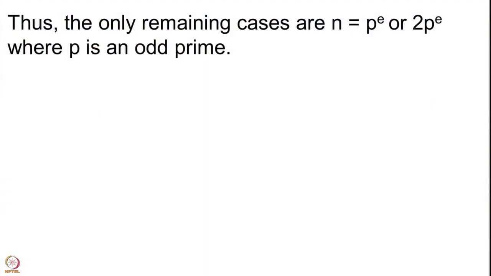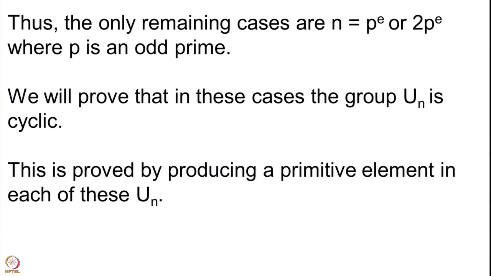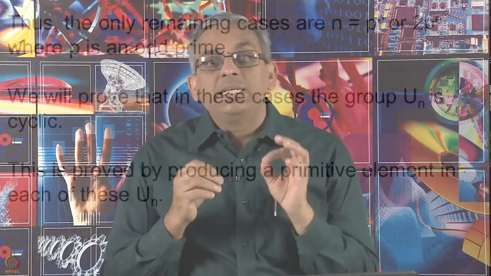So, the only remaining cases are n equal to p^e or 2 times p^e, and what we are now going to show is that in both these cases the groups Un are cyclic, and this is going to be done by producing a primitive element in each of these Un. A primitive element, just to recall, is an element whose order is exactly equal to phi(n). This is what we are going to do. We will produce a primitive element in each of these Un.